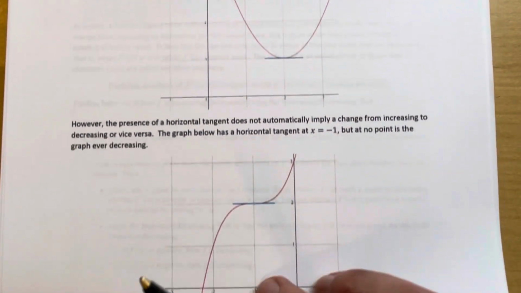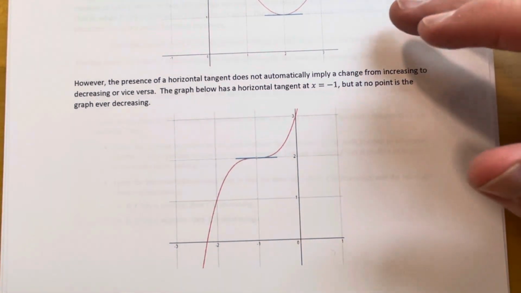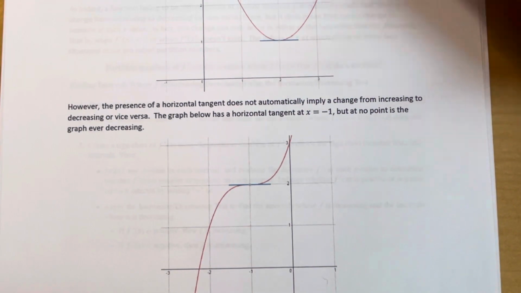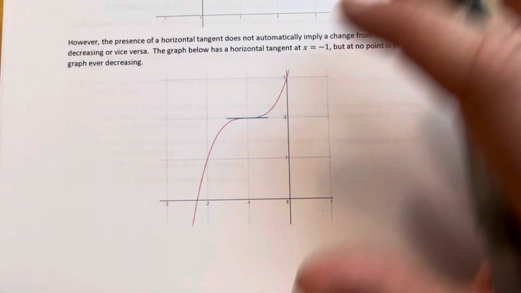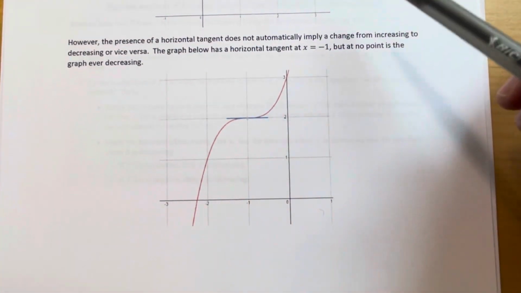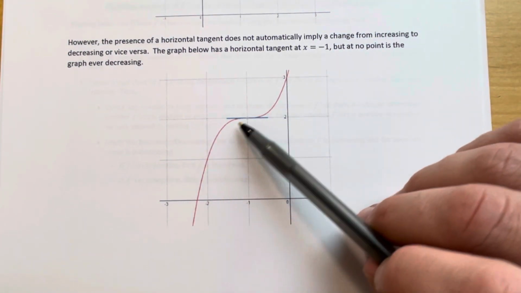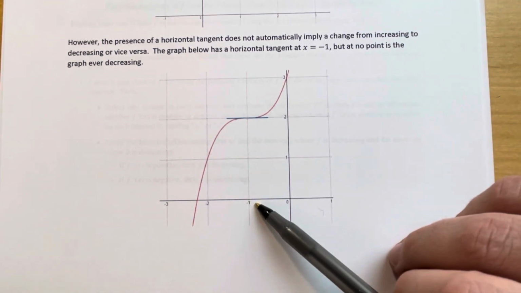Now, it's important to note that if a function does have a value where the derivative is equal to 0, that could be a place where we have a minimum value like this. It could also be a place where we have a maximum value, or it's possible that neither would occur. And here's an example where neither would occur. This is a graph of a function that has a horizontal tangent right here at -1.